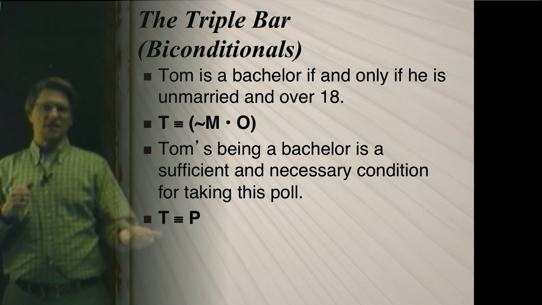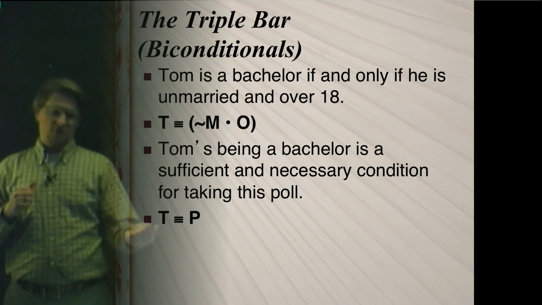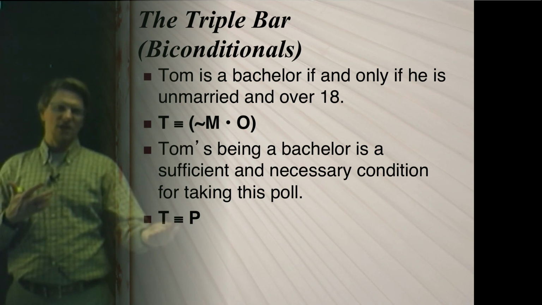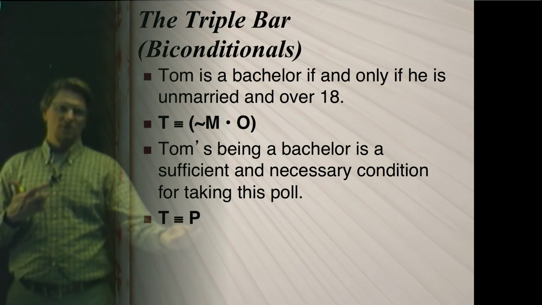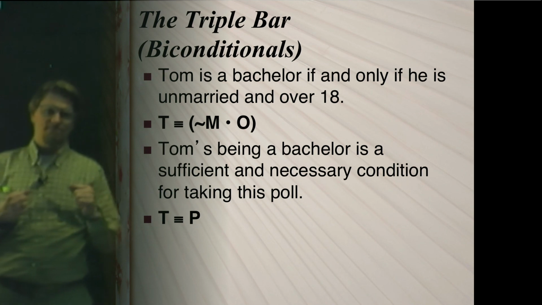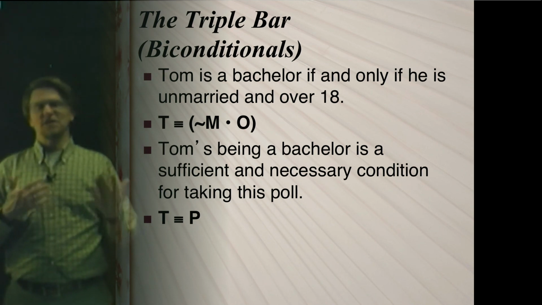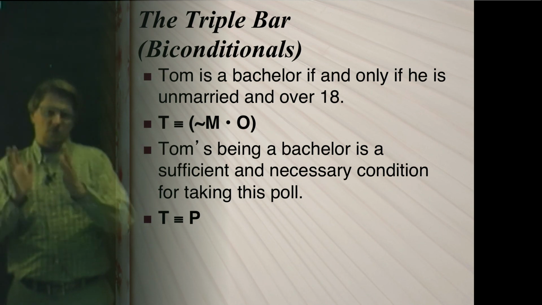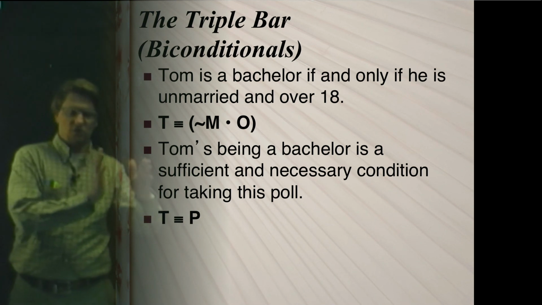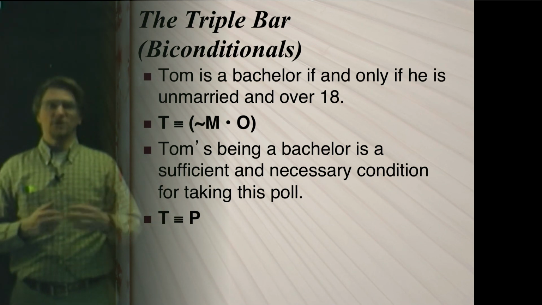So we would say then, Tom is a bachelor, and that is a necessary and sufficient condition for taking this poll. Okay? And when you say something is a necessary and sufficient condition, again, you're saying that the one thing is equivalent to the other thing, that they're interchangeable, essentially.